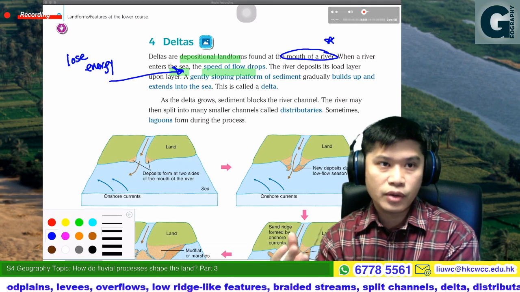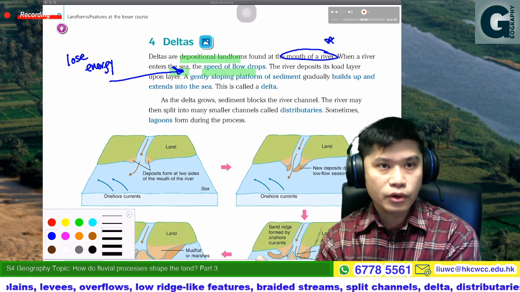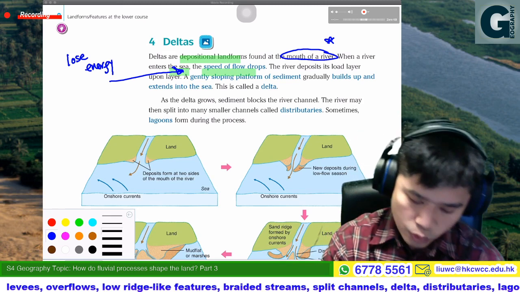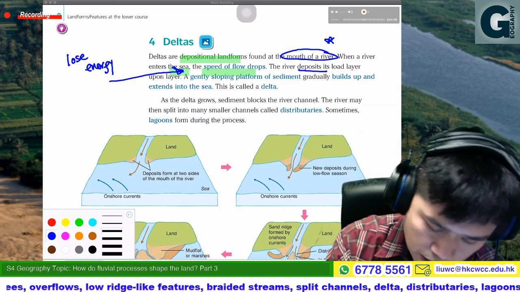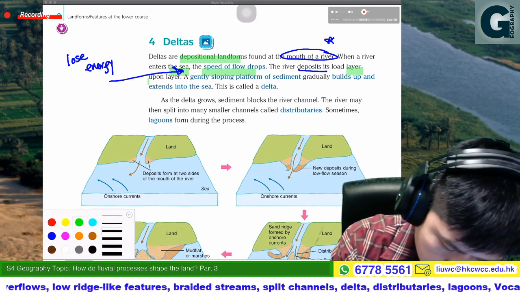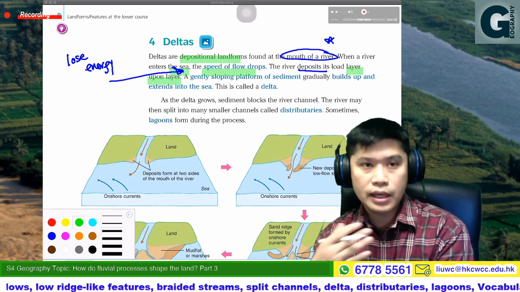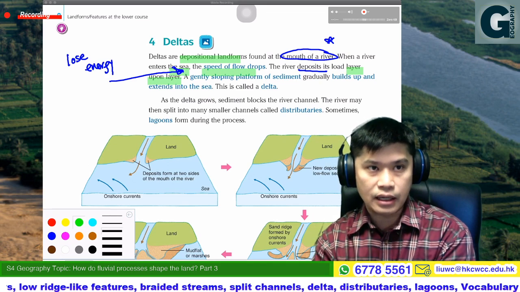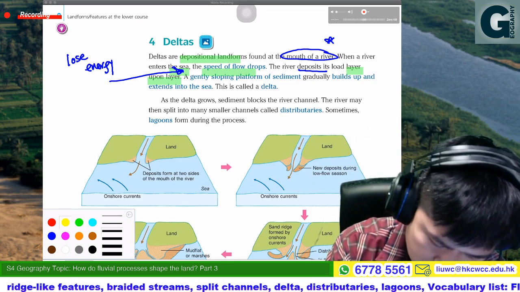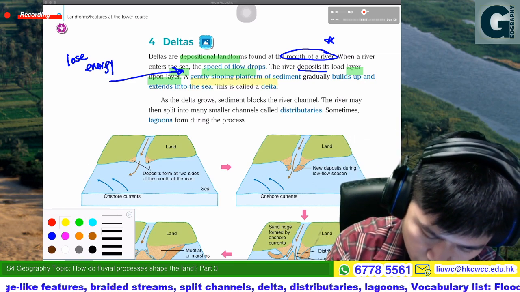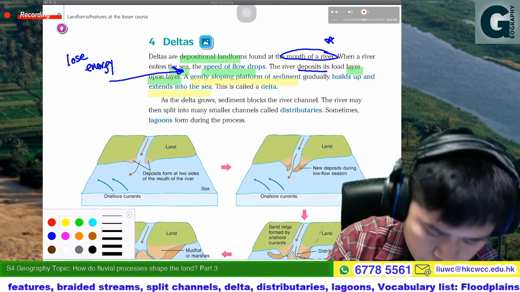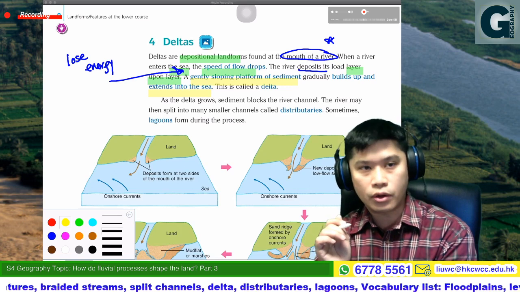Then the river deposits its load, please highlight that one. Layer upon layer， 每一次一層一層咁樣去到沉積㗎啦。And then a gently sloping platform of sediment gradually builds up and extends to the sea. That is what we call a delta.